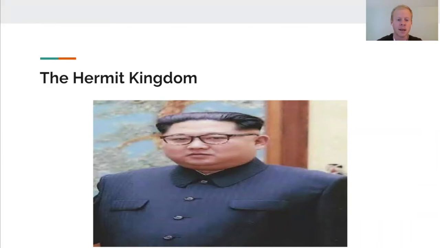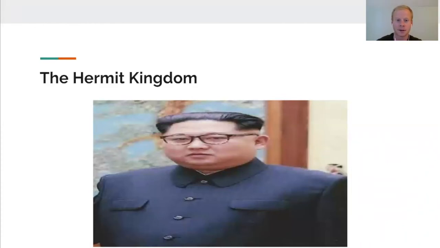North Korea is one of the most authoritarian, secretive, and kind of just backwards countries in the world. The people are brainwashed through propaganda to thinking that Kim Jong-un and the North Korean government are in complete control of everything and that everybody else in the world is terrible and they're the best, even though North Korea can't feed its own people.